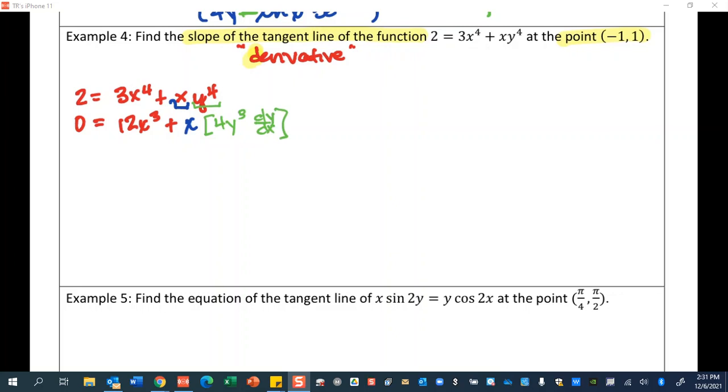And then it's going to be plus, the derivative of my first term is 1. And then my second term is just going to be y to the 4th. So here's my power rule, 4 times 3, 12x cubed. Here's my product rule. Here's my first term, derivative of the second, plus derivative of the first times my second.